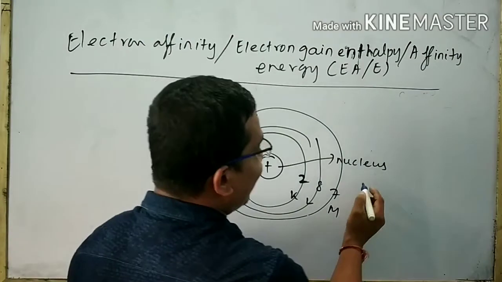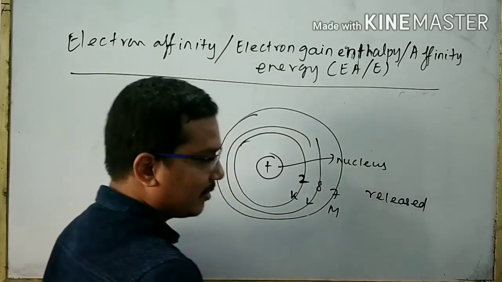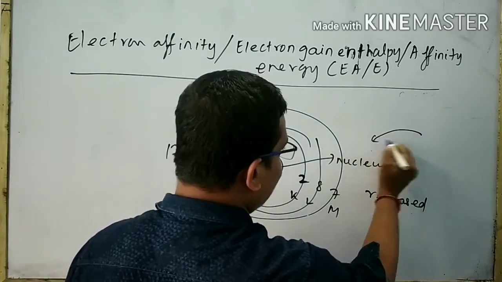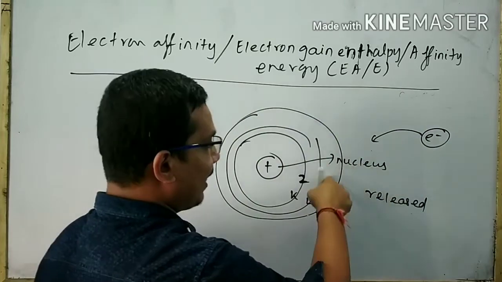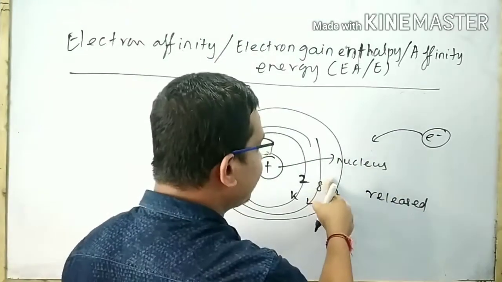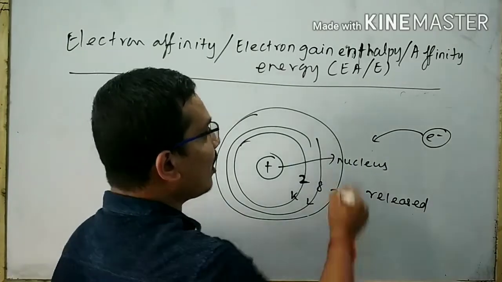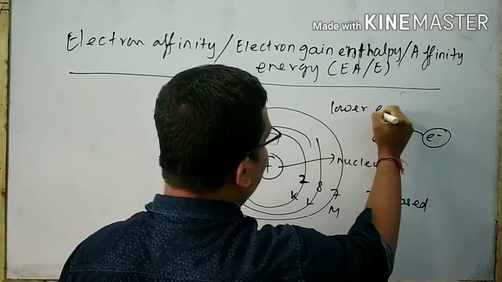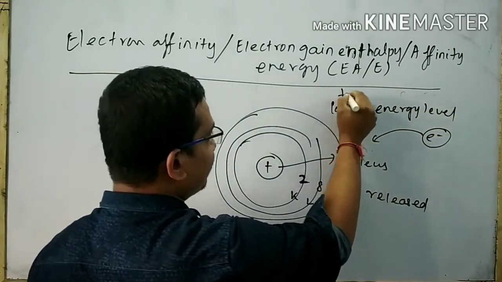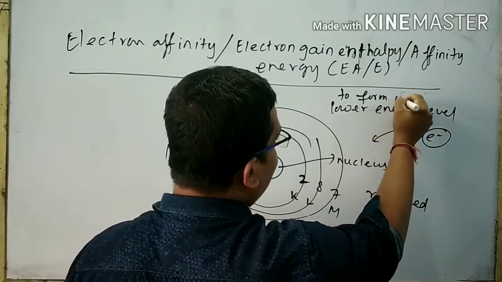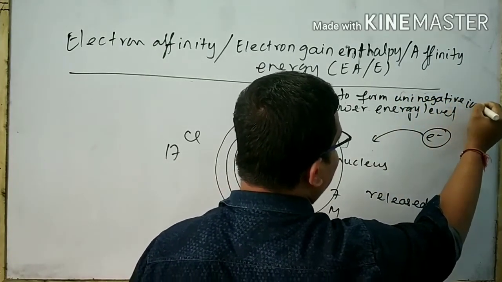What amount of energy is released when an electron from outside is added to the isolated gaseous atom in its lower energy level to form a uni-negative ion?